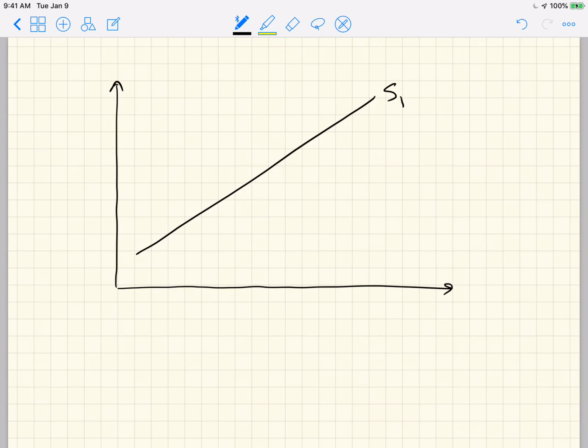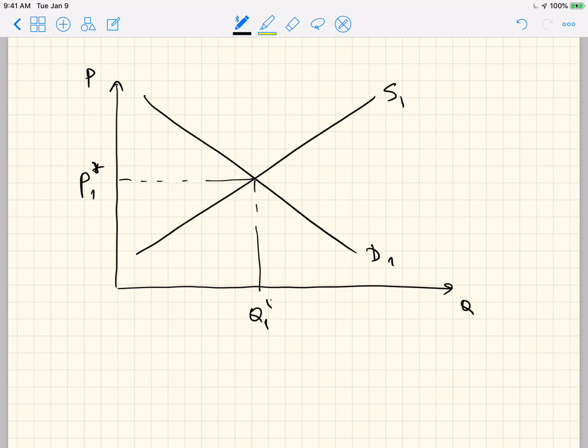Again, you have S1, you have D1, quantity, price, and here is an equilibrium price, P asterisk 1, equilibrium quantity, Q asterisk 1.